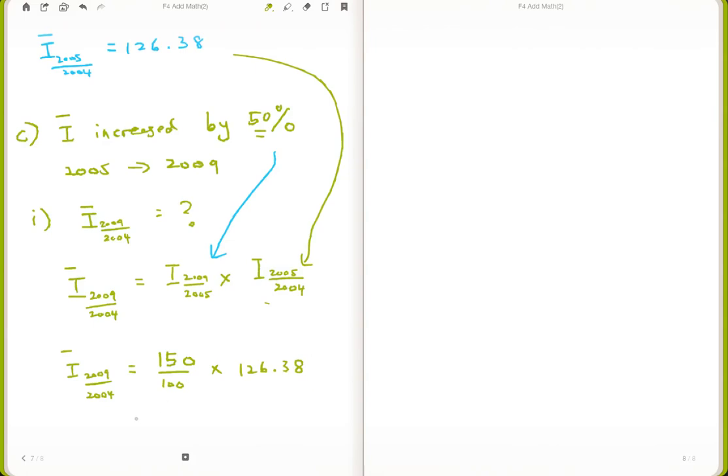Then put it in a calculator, and the answer is 189.57.